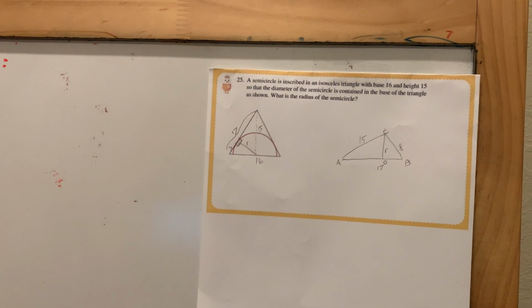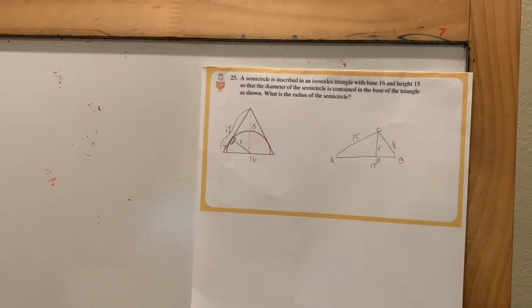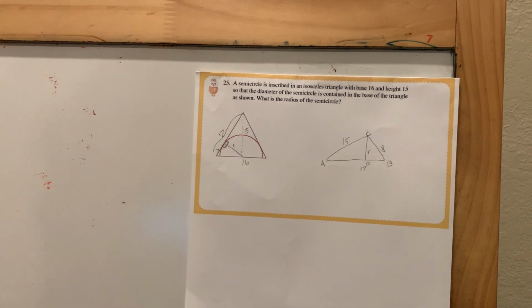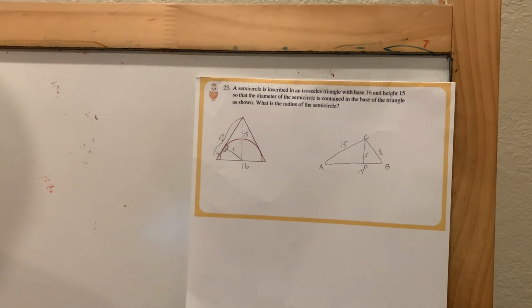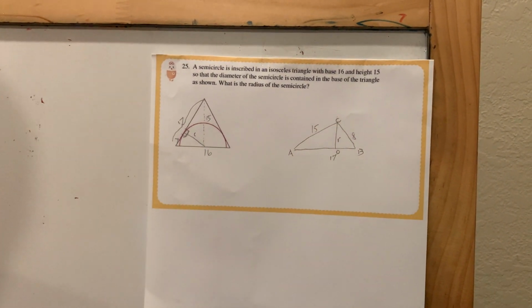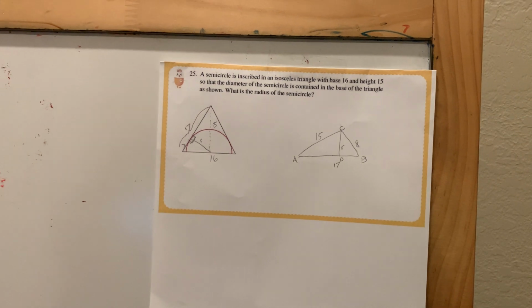But assuming that you don't know what it is, I'm going to solve it using similar triangles. So, we see that triangle ACD is similar to triangle ABC.